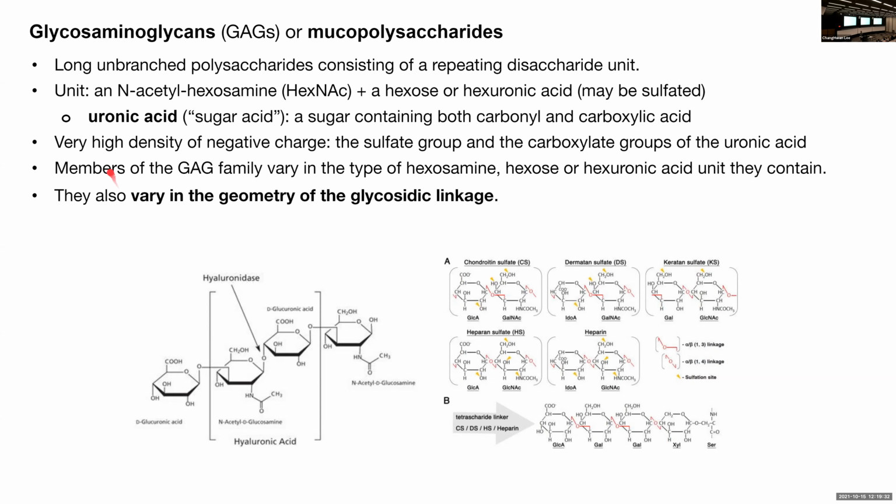And it has a very high density of negative charges. And you can imagine that, right? Because it contains the carbonyl group, as all sugars have, like CHO or the ketone group, where it can have the negative charge, as well as a carboxylic acid or carboxylate group from the hexuronic acid.